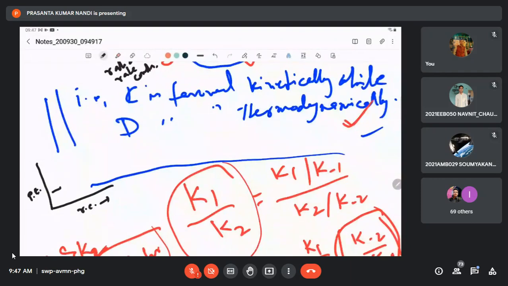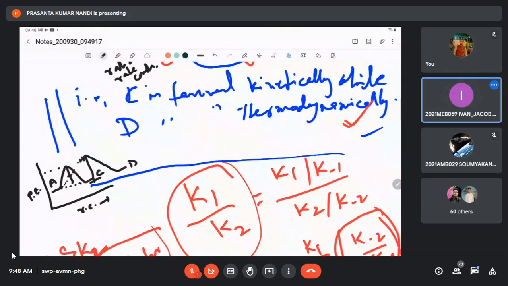If you trace a curve like this, arbitrary, say A to C, and there is another curve you can construct like this, D. Now look at the barrier height. What do you call this barrier height? Activation energy barrier. So the activation energy barrier of A to C, and if you look at this curve, which is larger?